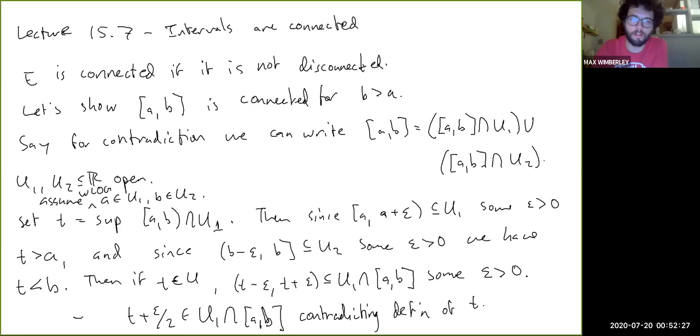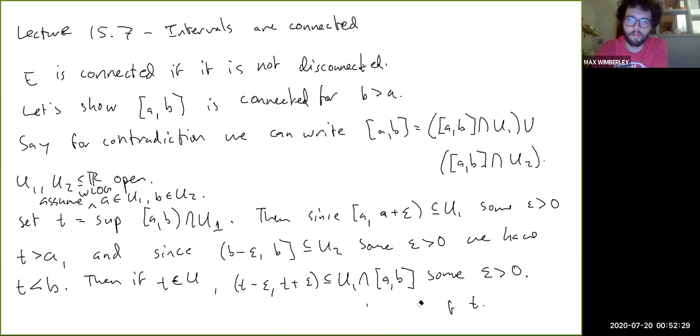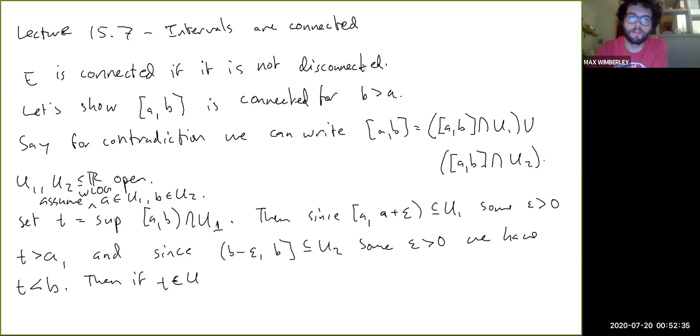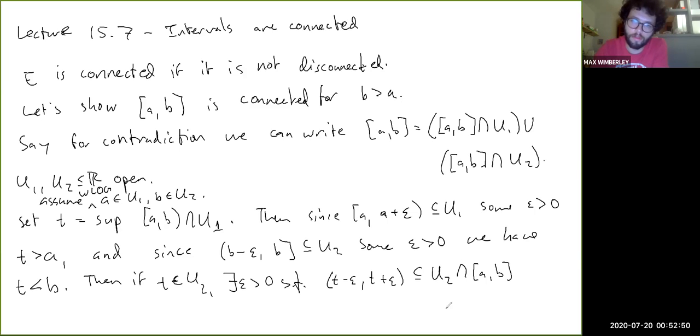Let me go back over this. If T is in U2, there exists an epsilon greater than 0 such that (T - epsilon, T + epsilon) is a subset of U2 intersect [a,b].